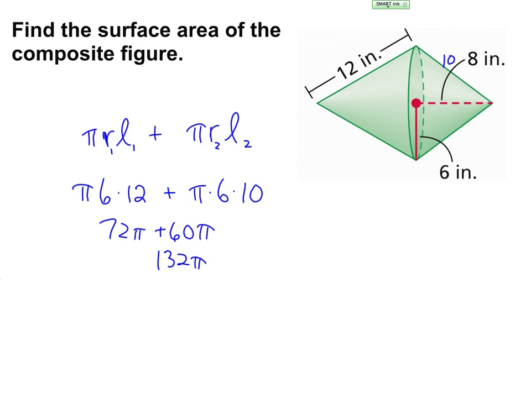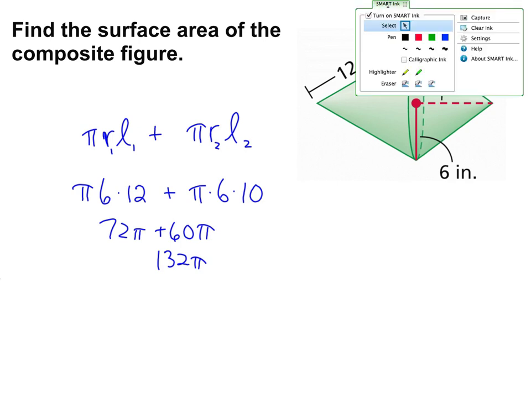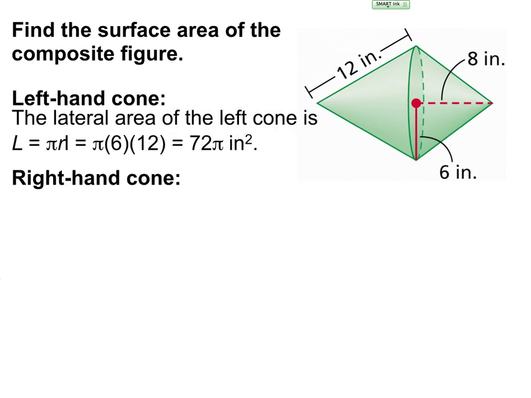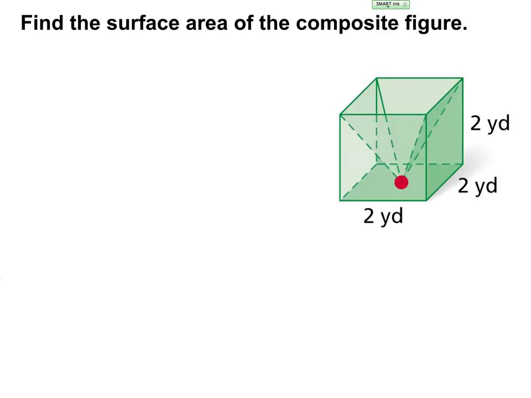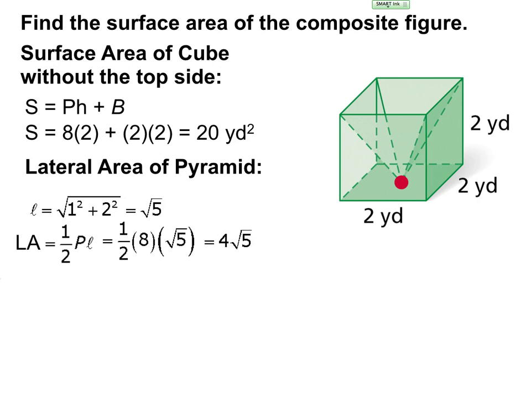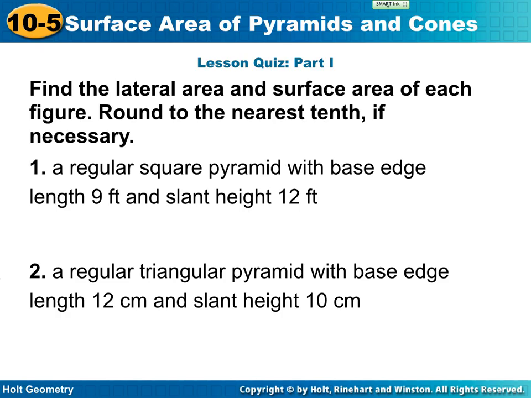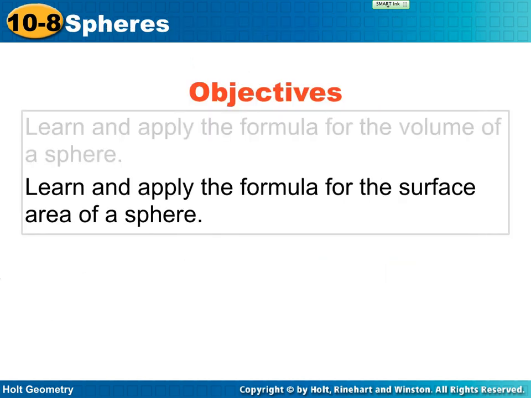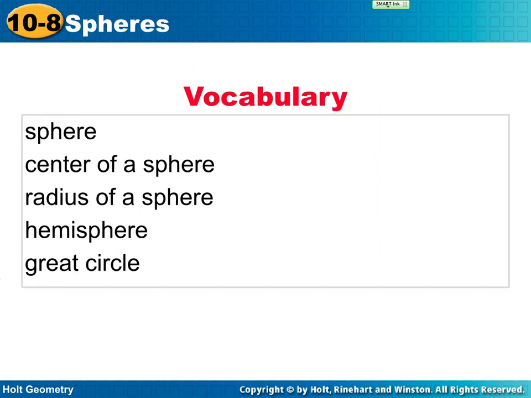Some combinations are done with spheres, so we better get the sphere in here so that we can do those combinations. And you'll find sphere if you flip to 10.8. Find where the sphere is.